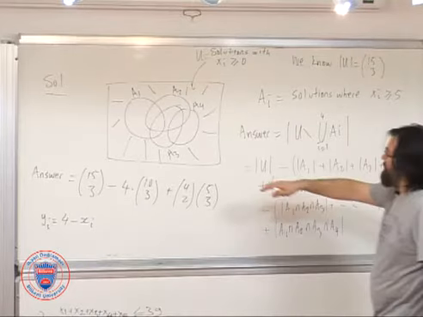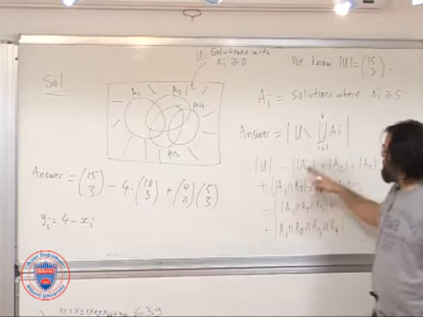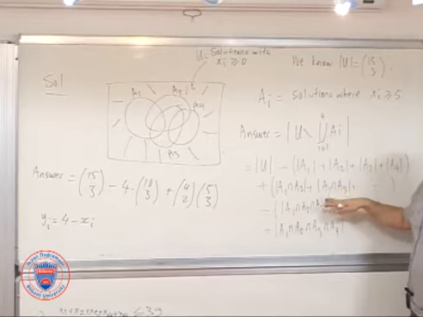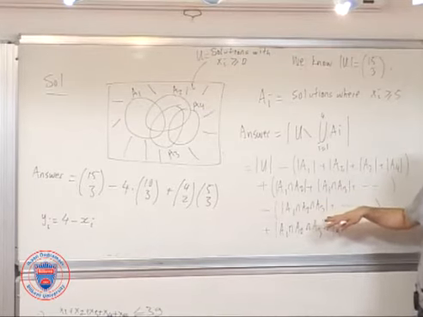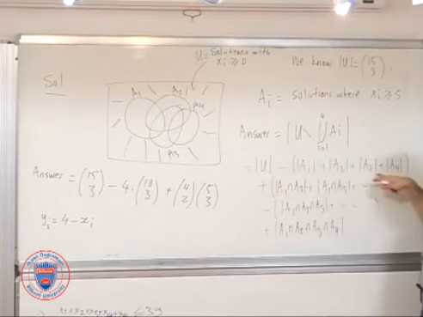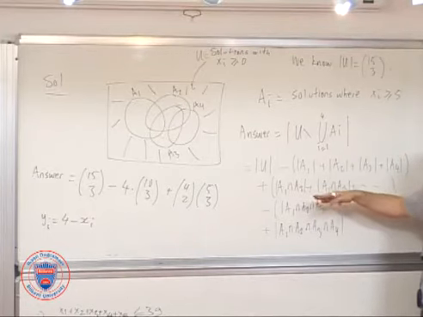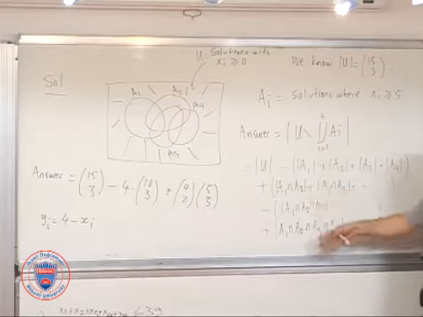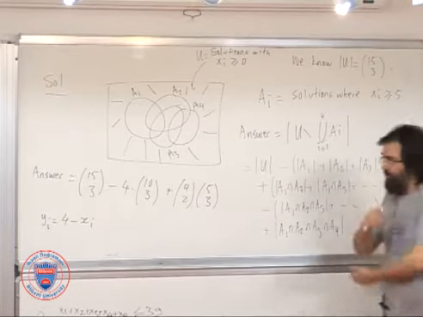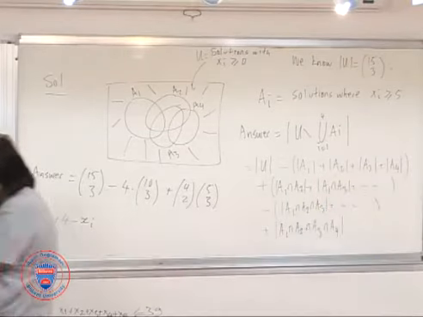But if they have intersections like this, you have to take those cases out using the inclusion-exclusion principle. You cannot just take them out like this, because if they have intersections, you have to add them back and take out. So you have to use this formula this way. That's the warning.